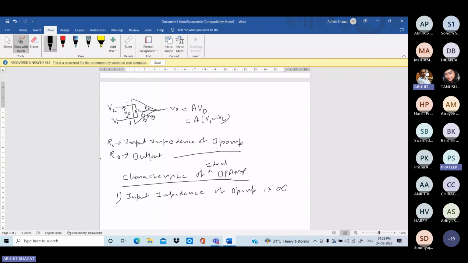For the ideal OPAMP, the input impedance is infinite, and for the practical OPAMP, this impedance is a very high value.